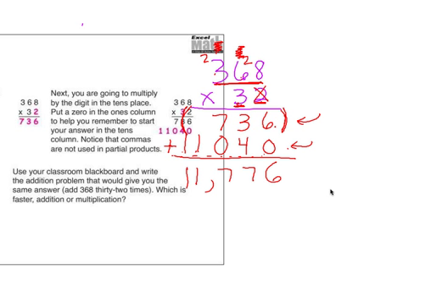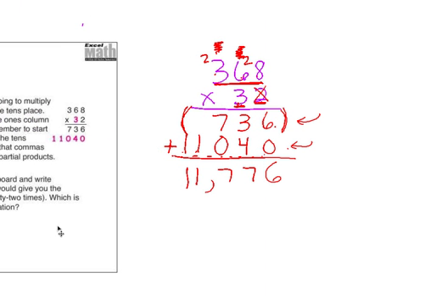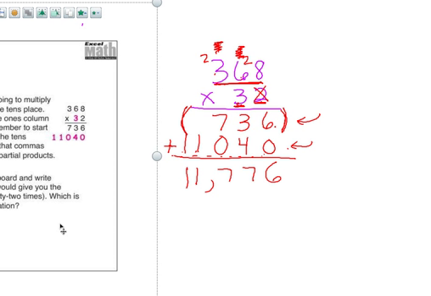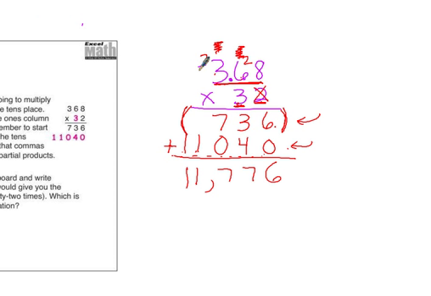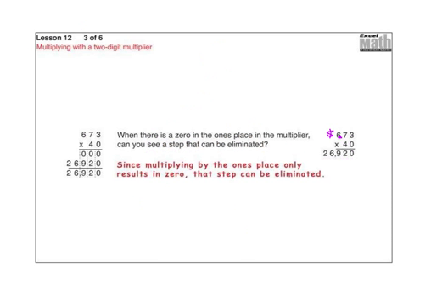Okay, what this is telling you is that if this was a money problem, do not put decimal point and dollar sign in here. Only put it down here for the answer. Don't put it anywhere in there, dollar sign and decimal point. But you do need to remember to put it in your answer.